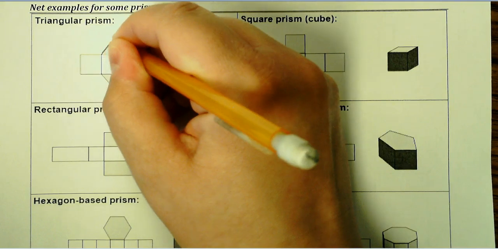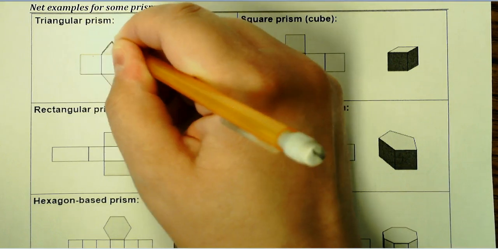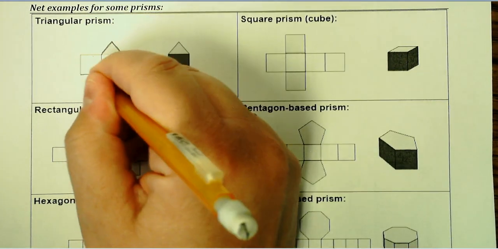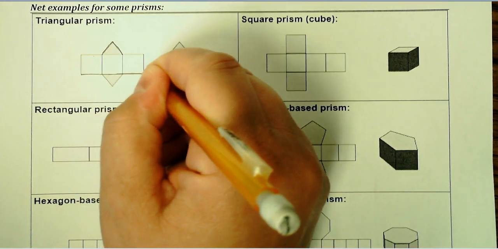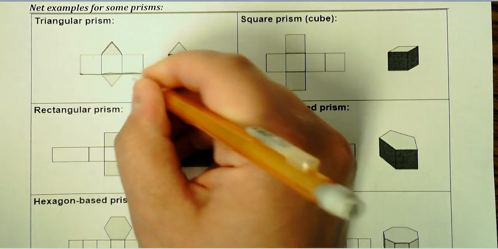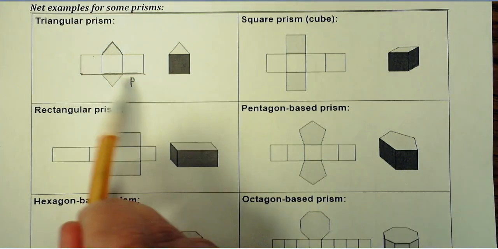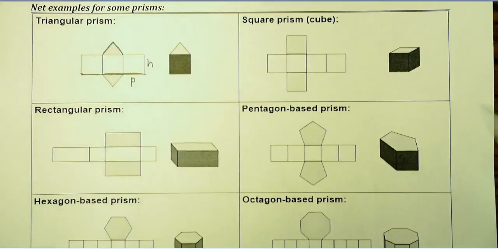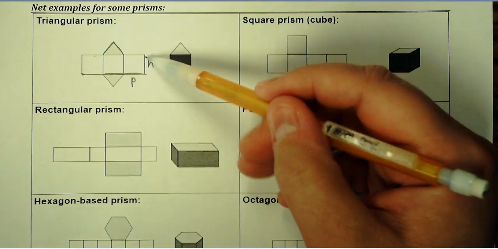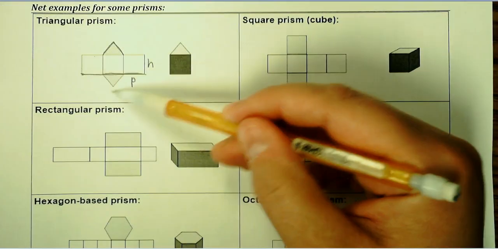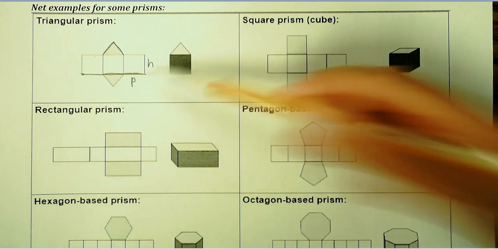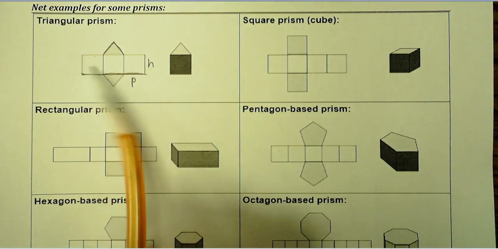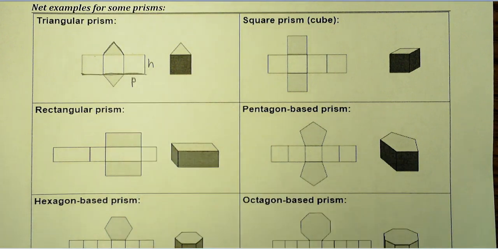If I fold this back up, this would match here, this would match here. So this side would end up being the perimeter of the base, that side of that rectangle, and then the height of the figure. In this case this is a triangular prism: the perimeter wraps around that base, the height runs between the two bases, and the area there is just one big rectangle if I put it together, so that's why it's perimeter times height.